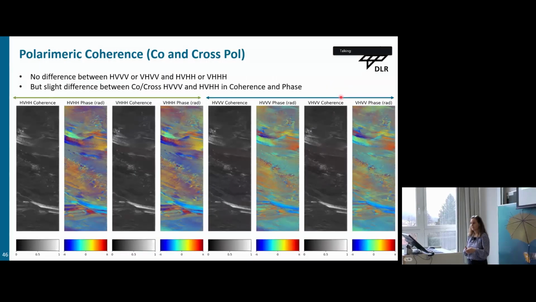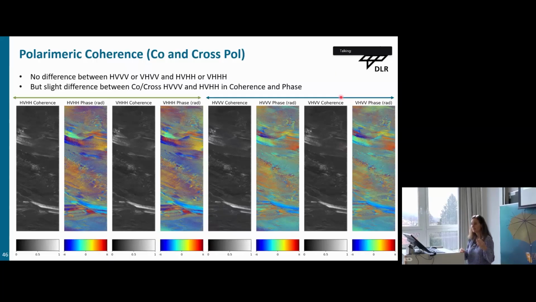Okay, I'm not finished, you see. Then you can start to do this interpretation in principle. These are now the coherences I was showing you before, right, where we have co and cross. These are the ones you can check to see if you find something. And I told you already, if you do it over urban areas, then you see it mainly over point-like scatterers quite well. But you see here in this area, we sometimes have higher coherences.